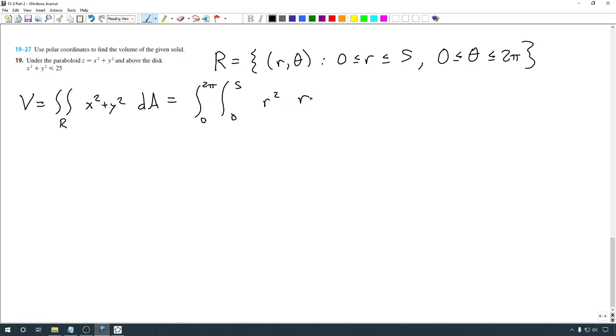We have an extra r from our formula for polar coordinates. Then dr d theta. So actually this turns out to be a really simple problem because now we're just integrating r cubed. In fact, there's no thetas in here and there's no thetas in our limits. So we can actually take out the integral from 0 to 2 pi d theta, and that just becomes a 2 pi on the outside.